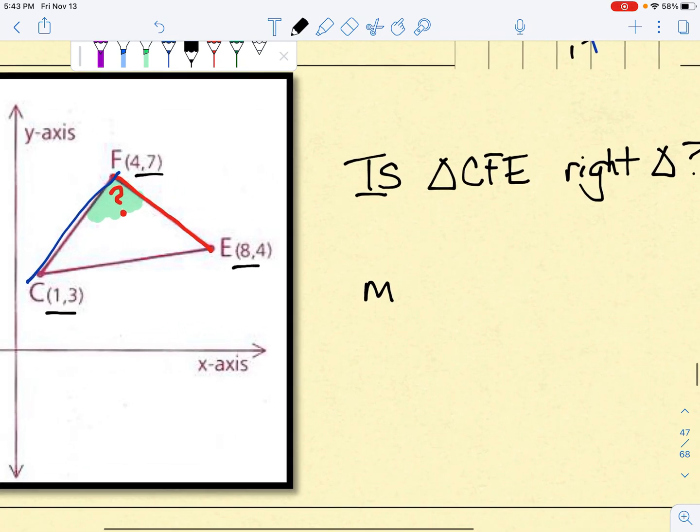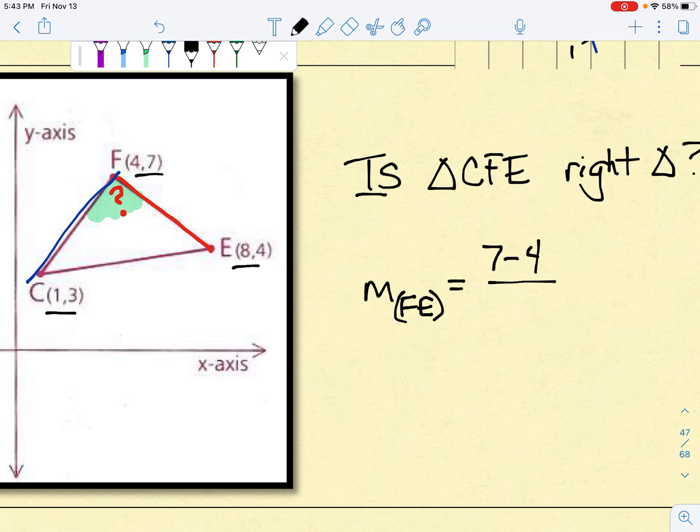So the slope of what we would call FE. So I usually write an m and then put FE lower as a subscript next to it. And the slope of FE would be, again, order doesn't matter as long as you're consistent. So I'm going 7 minus 4 and then 4 minus 8. So I get 3/-4.